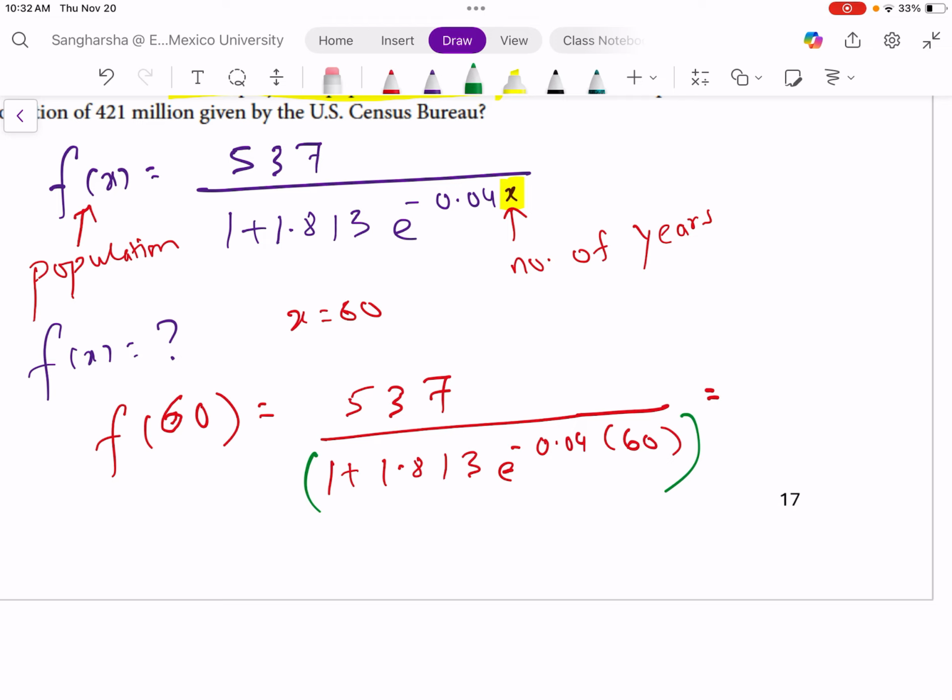So you start with 537 divided by parentheses, and inside the parentheses: 1 plus 1.813 times e to the power negative 0.04 times 60. Does anyone have a final answer?